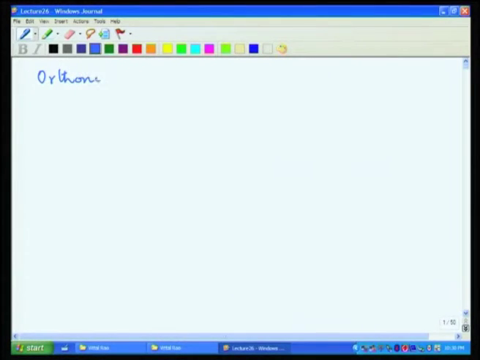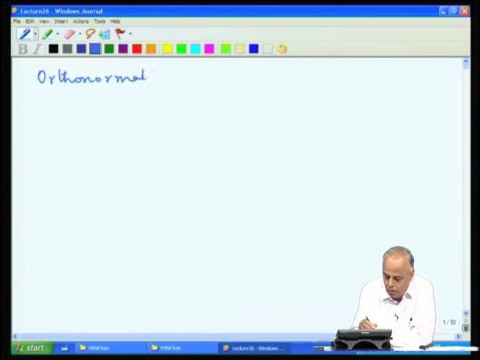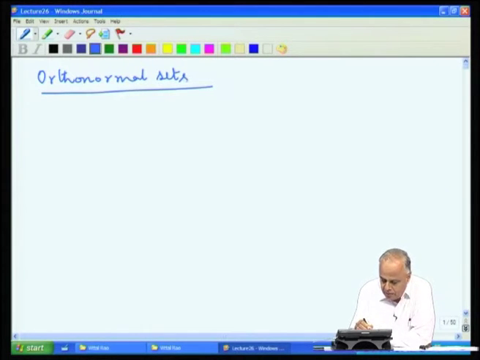We have been looking at orthonormal sets and the notion of the orthogonal complement of a given subspace. So, let us recollect some of the basic ideas.